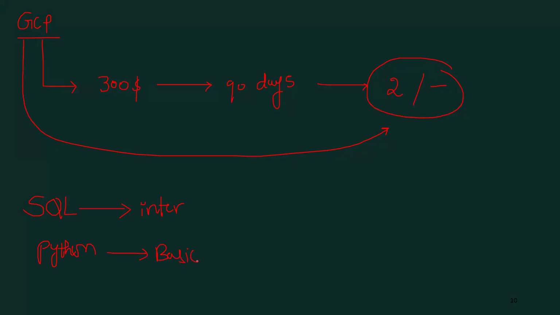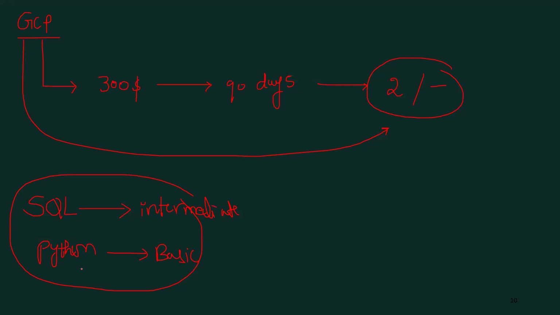Instead of Python, there can be Java also, no? Java is not required, guys, for data engineering. Either Python or Java, but I suggest 95% Python only, because Java is very rarely used in data engineering.